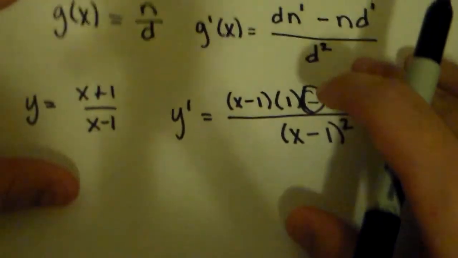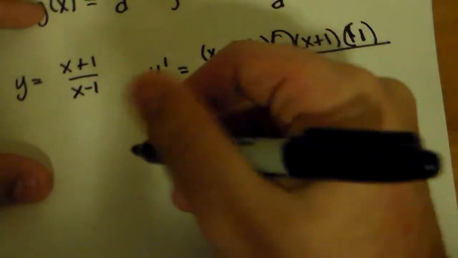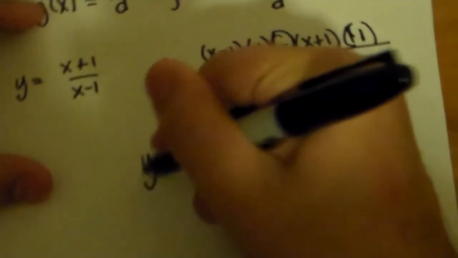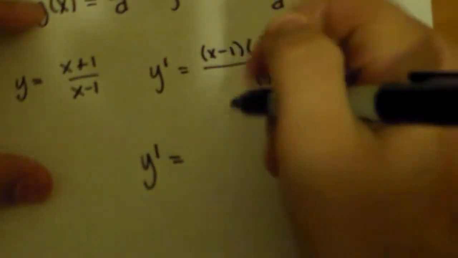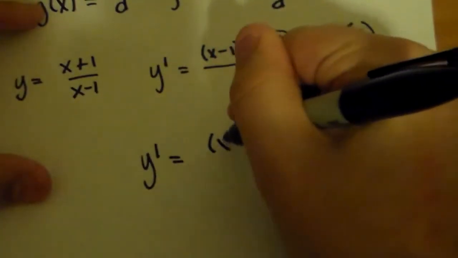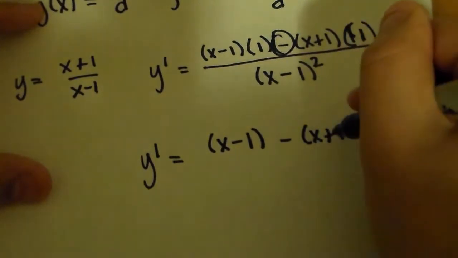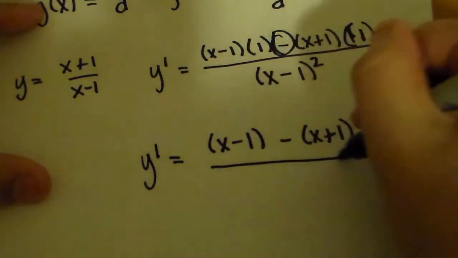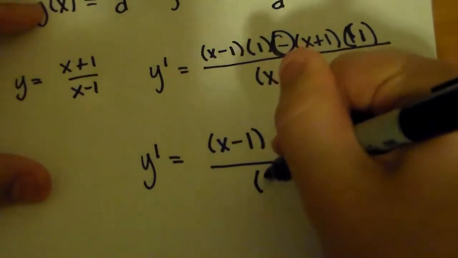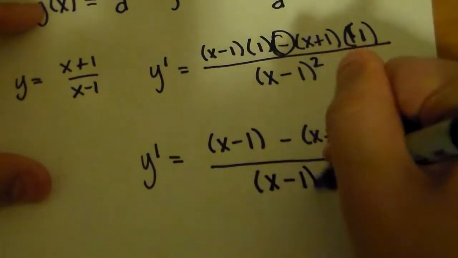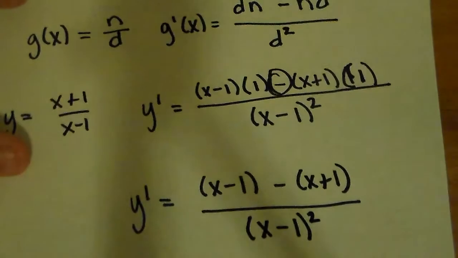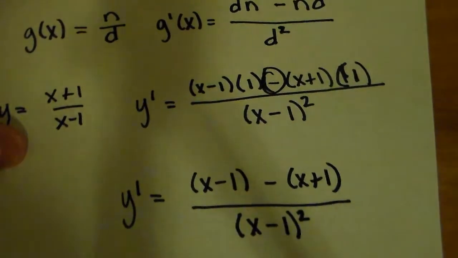So we simplify it down to y prime equals x minus 1 minus x plus 1 over x minus 1 squared. And there you have it with the first problem of the quotient rule.